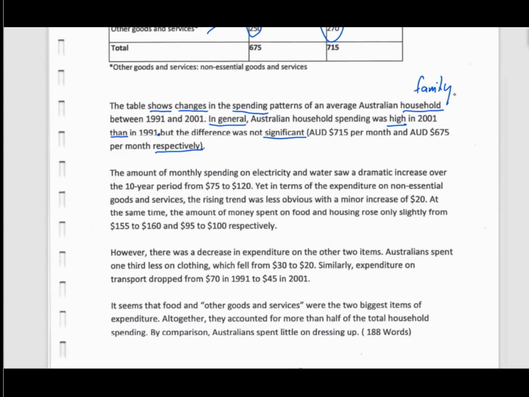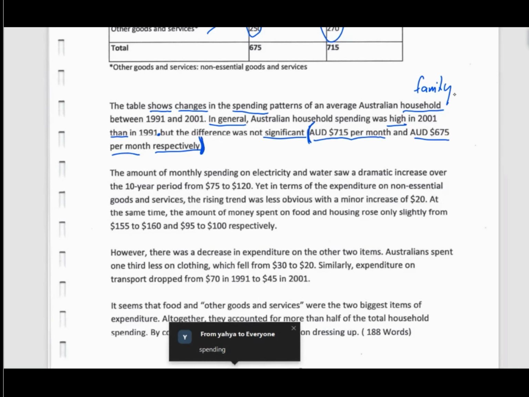And see, if you want to put details, numbers or money, they should be between brackets. This is the first bracket. How much was it, and how much was it, respectively? That might confuse you.